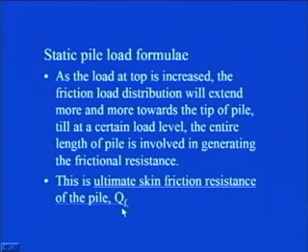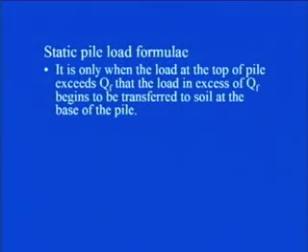You can see here, this is the ultimate skin friction resistance of the pile, where the friction load is getting mobilized all along the length of the pile shaft. It is only when the load at the top of the pile exceeds QF that the load in excess of QF begins to be transferred to the soil at the base of the pile.